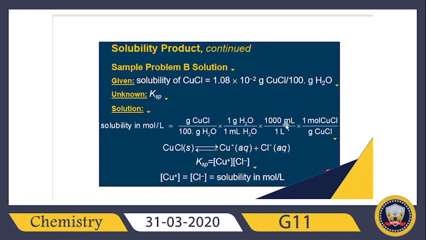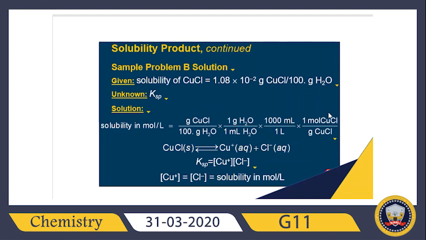So we need to use these two conversion factors in order to convert the amount of water in grams into liters. For the last conversion factor, we use it in order to convert the amount of this solid in grams into moles, so we multiply by 1 mole of copper chloride over grams of copper chloride.